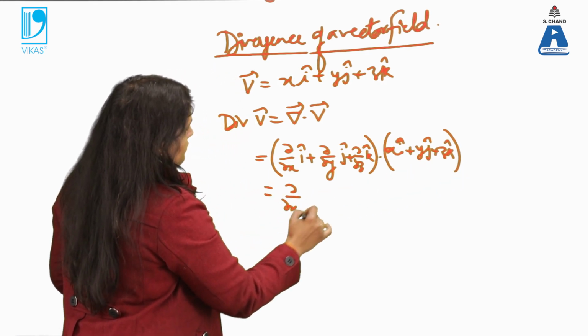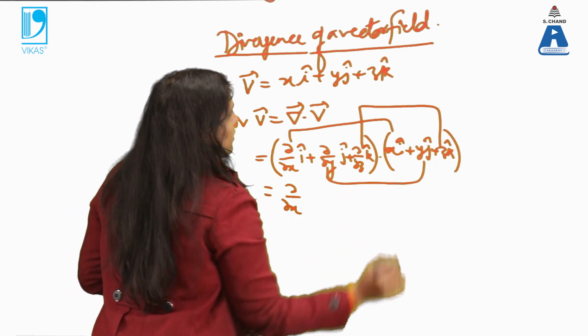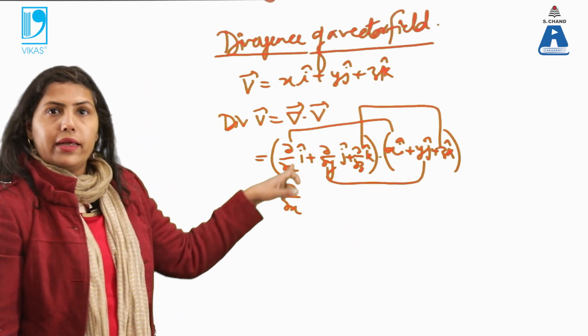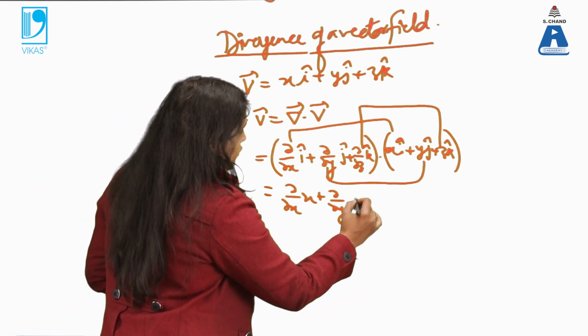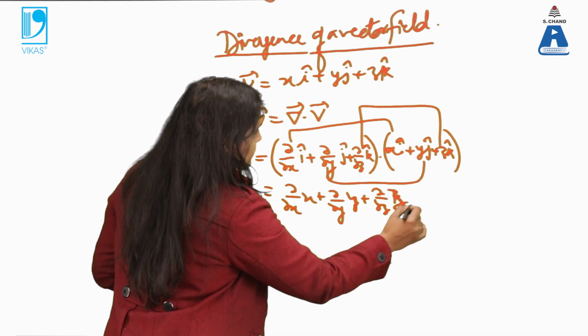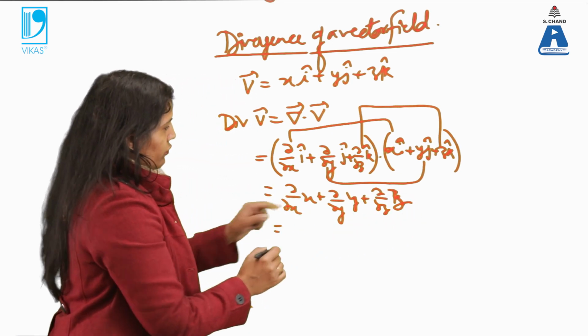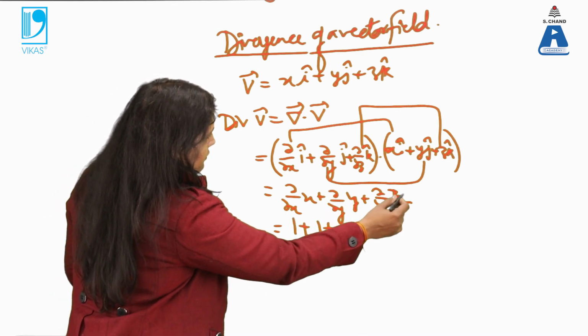So now as this is component wise, this is my dot product formula. So del by del x of x plus del by del y of y plus del by del z of z. Del by del x of x is 1, del by del y of y is 1, then this is again 1.